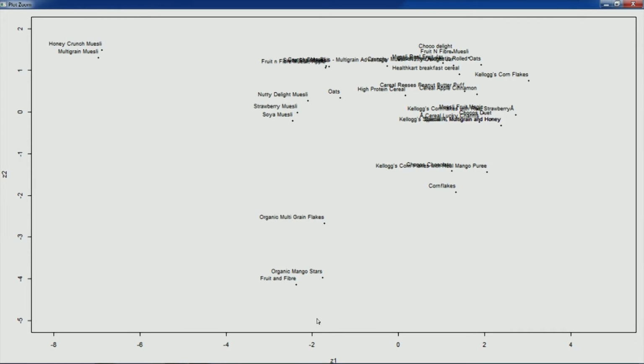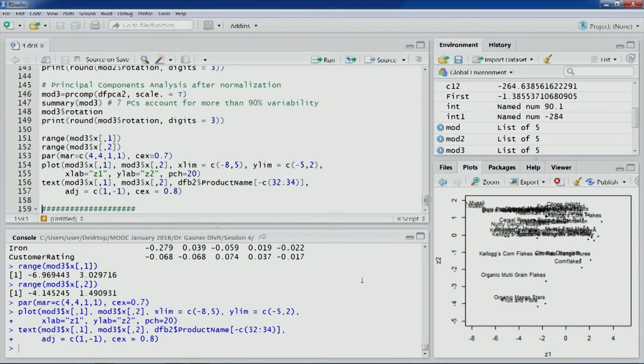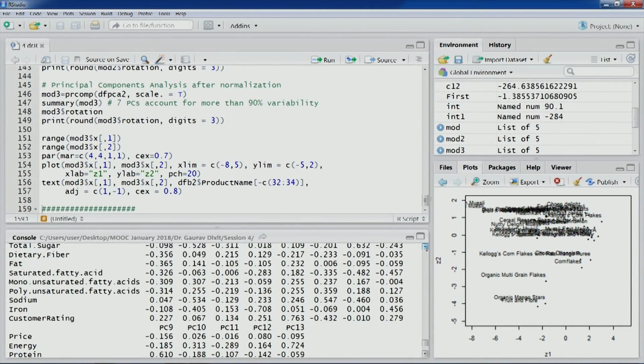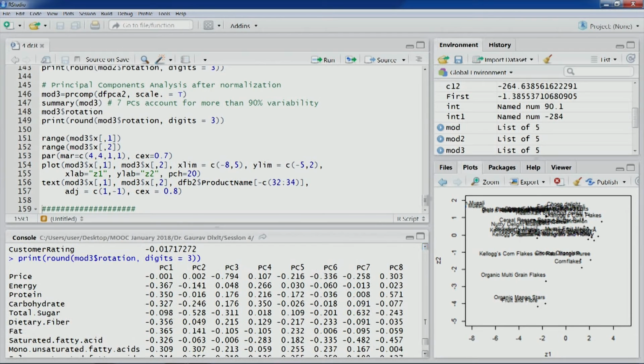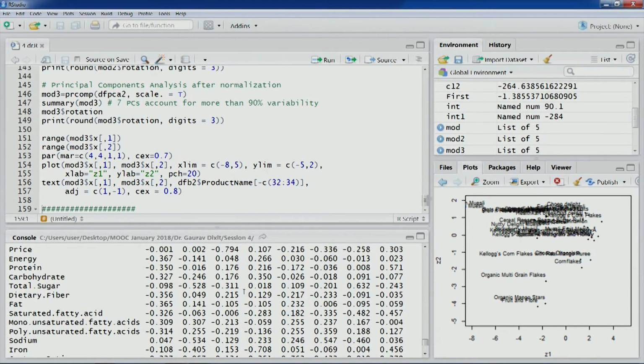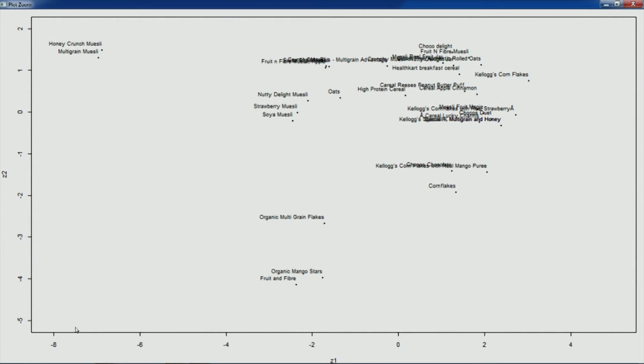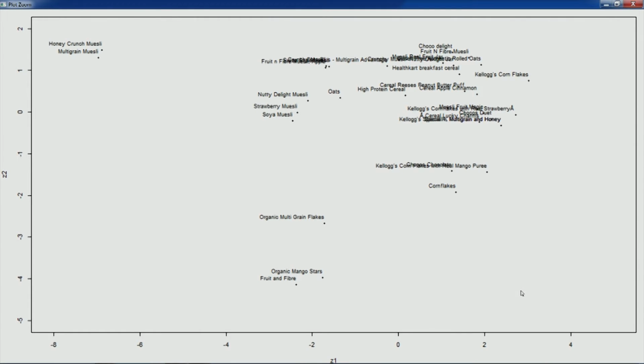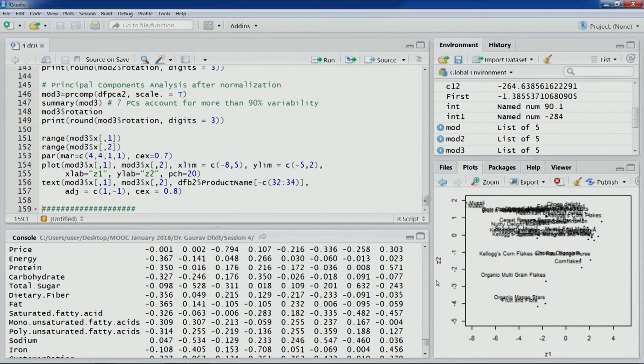For example, as we move along in the Z1 direction, let's look at the weights that were actually contributing for this particular direction. So let's look at the PC1. As we move along the Z1 direction from left to right, the energy content would actually decrease, and then the protein would also decrease.